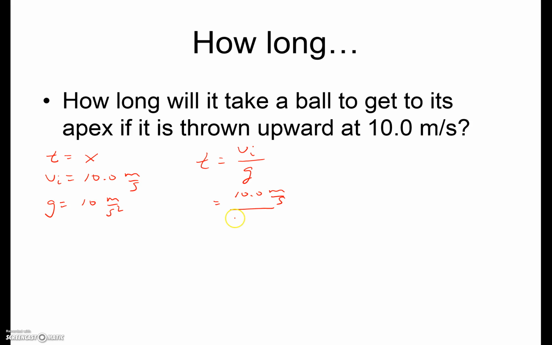We'll divide that by 10 meters per second squared. 10 divided by 10 is 1. So our time would equal 1.0 seconds. So if we were to throw a ball upward at an initial velocity of 10 meters per second, it would take 1 second for that ball to hit its apex.